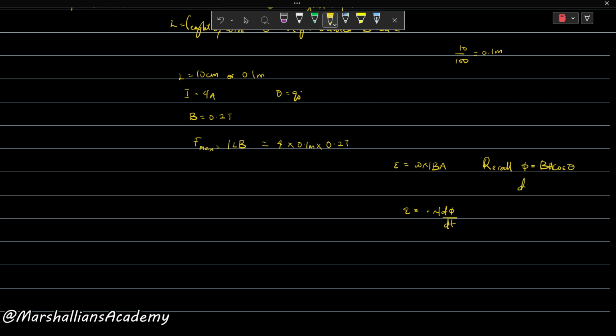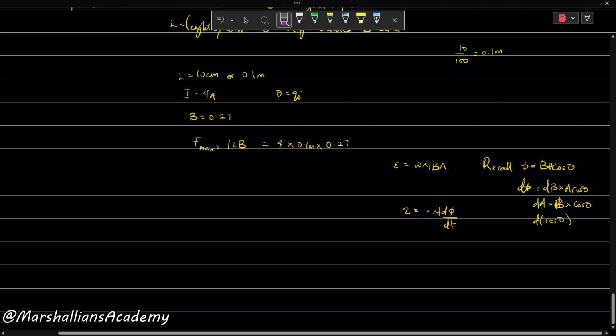Therefore, the phi can be either B is changing, or area is changing, or cos theta is changing. Now let's imagine cos theta is changing in this situation.